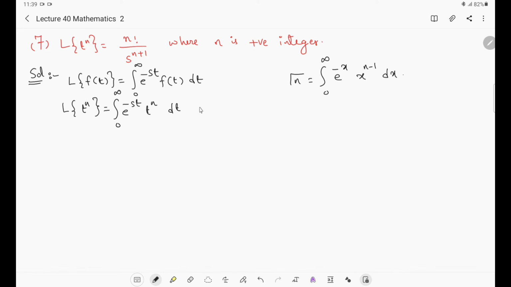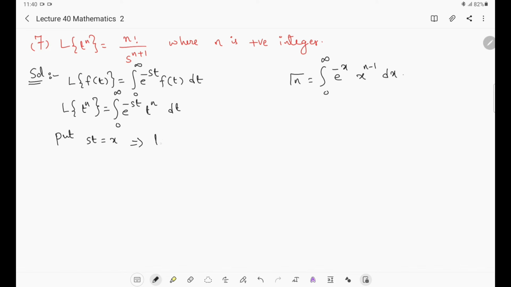If you see this integral carefully, it is in this form, but in place of e^(−x), we have e^(−st). So, to make this as this one, we take the substitution: put st equals x, because in place of st I need x.